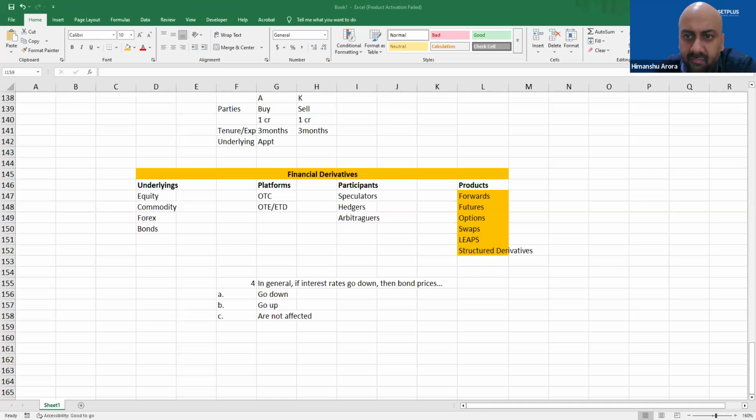So whenever the yields go down, the bond prices go up. This we are going to discuss later also. The correct answer is not A, it is B. It will go up.